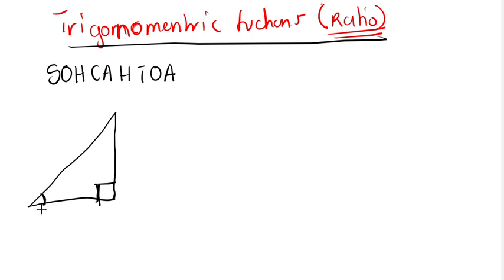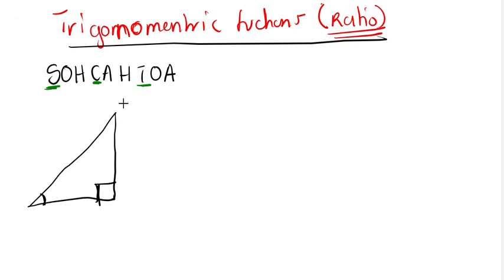Now, SOH-CAH-TOA. When it comes to SOH-CAH-TOA, you need to understand that we have sine, that's the first ratio. The second ratio is cos. The third ratio is tan. So these are the ratios that you really need to take note of.